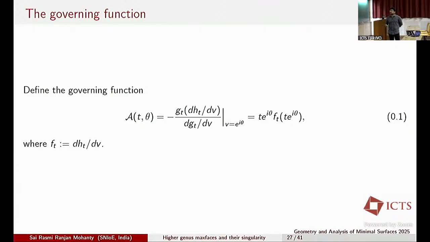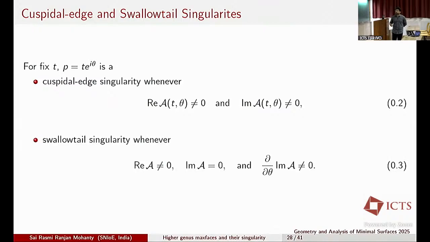We named this a governing function because this function only gives which type of singularities the Maxwell map has. Using this governing function, if the real part of this governing function is non-zero at any singularity point and the imaginary part is non-zero at the singular point, then we call this singularity a cuspidal edge singularity. And if the real part is non-zero, the imaginary part is zero, and the partial derivative with respect to theta of this imaginary part is non-zero, then this singularity is the swallowtail singularity.